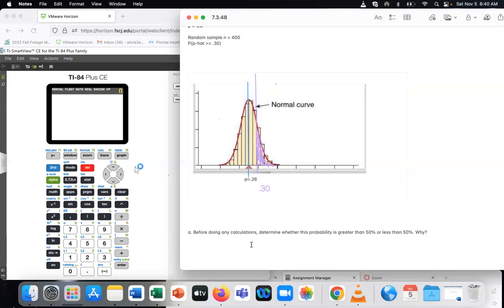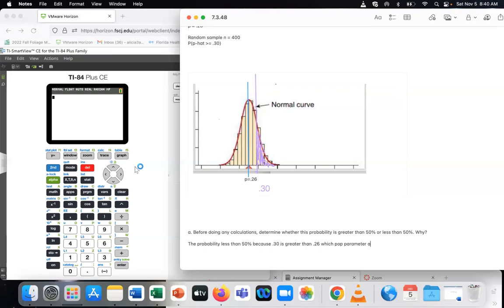So we know that the probability is going to be less than 50%. And we know it because 0.30 is greater than 0.26, which was our population parameter, or the population proportion. I don't remember the exact wording that they have in that question, but the population parameter.